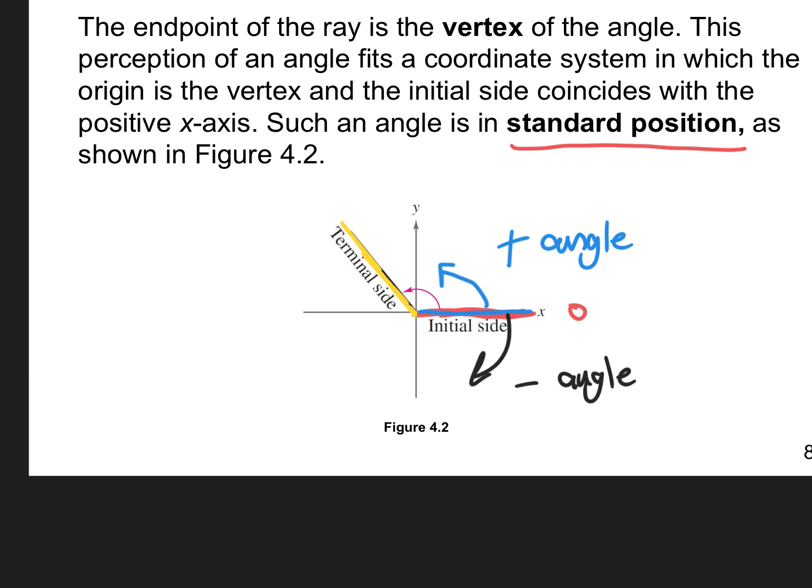Meaning you have an angle measure of like 94 degrees. That means you start at the x-axis and you go 94 degrees. This would be like negative 135 degrees. You start at the x-axis and go down. You end up in different quadrants. You're going to need to know the quadrants and all that stuff.